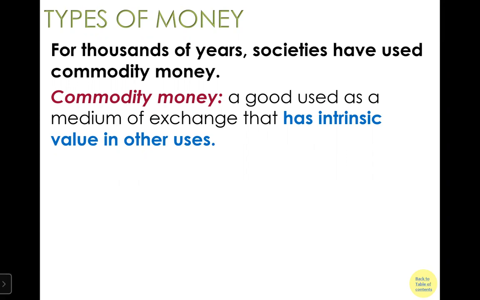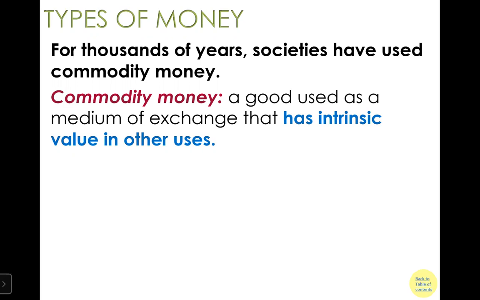Number one is a medium of exchange, something people commonly accept. Number two, it can store value, that is, store purchasing power over time. And number three, it must be used as a unit of account so that we can compare different goods and services. So this is how we define money.